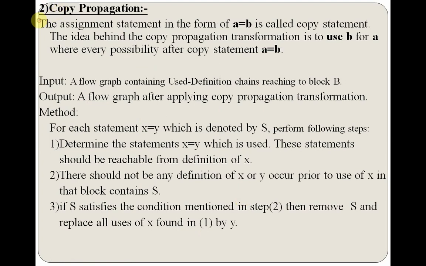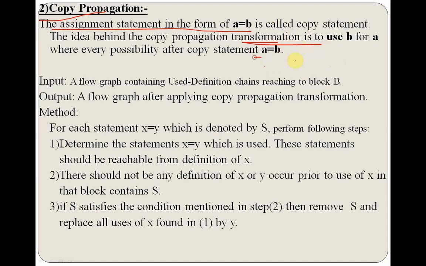Next one, copy propagation. An assignment statement of the form a = b is said to be a copy statement. The idea behind the copy propagation transformation is that it is better to use b for a wherever possible after the copy statement a = b.